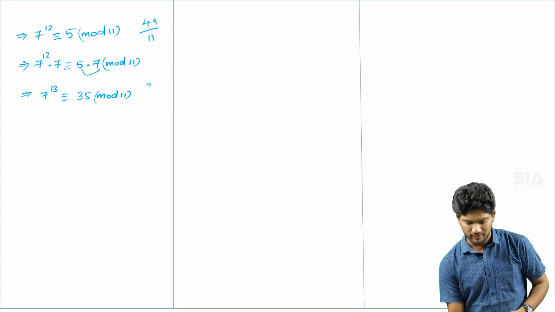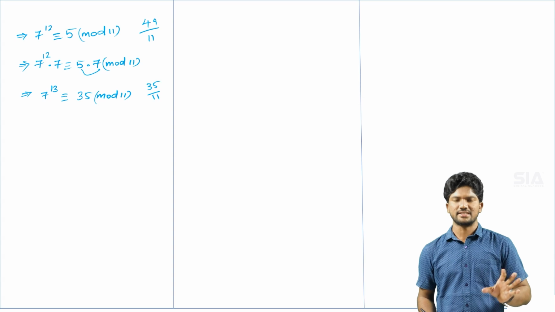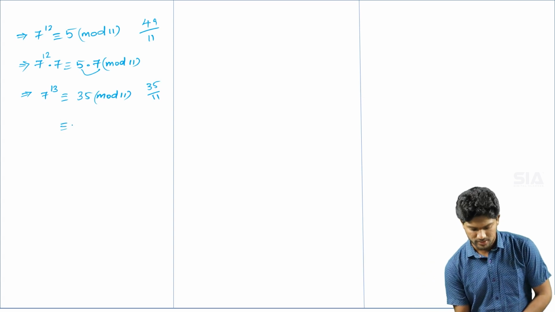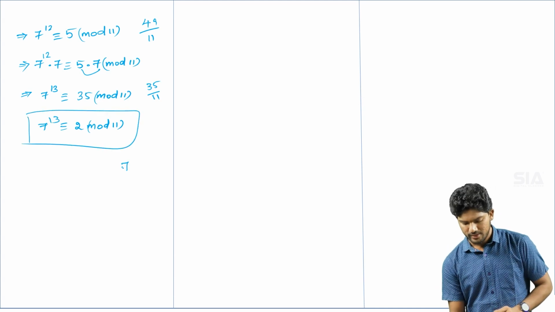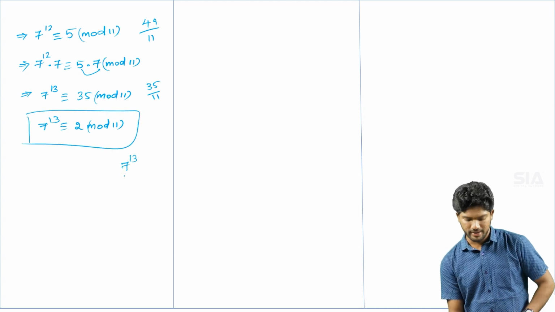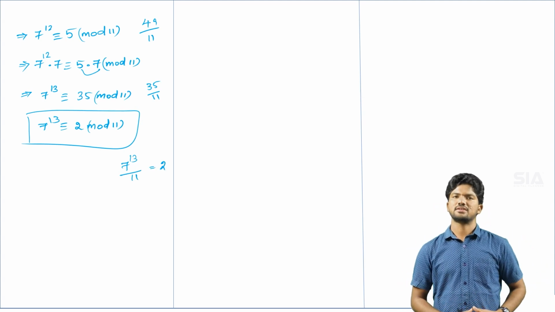So again divide 35 by 11. 11 ones are 11, 11 threes are 33, it will get cancelled. 2 is the remainder. So therefore 2 modulo 11. That means whenever 7^13 is divided by 11, 2 is the remainder. That is the meaning of that statement.